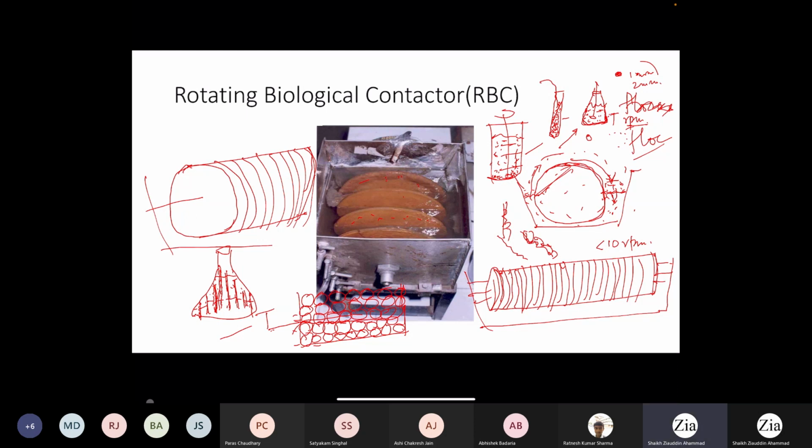You can use different kinds of material also, which will essentially help longer attachment of biofilm to the inert support. And sometimes we also have reactors where we don't use any inert support. We get biofilm. Suppose you have a system where a few bacteria come together and form a small granular structure, and on top of that granule, another layer of biofilm will be produced by some other bacteria.